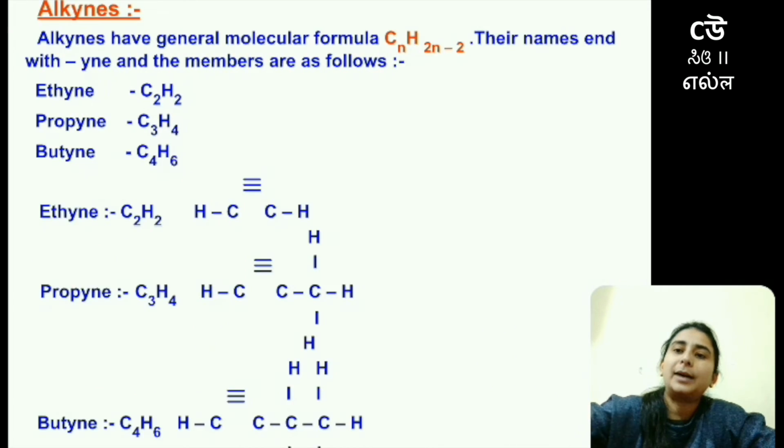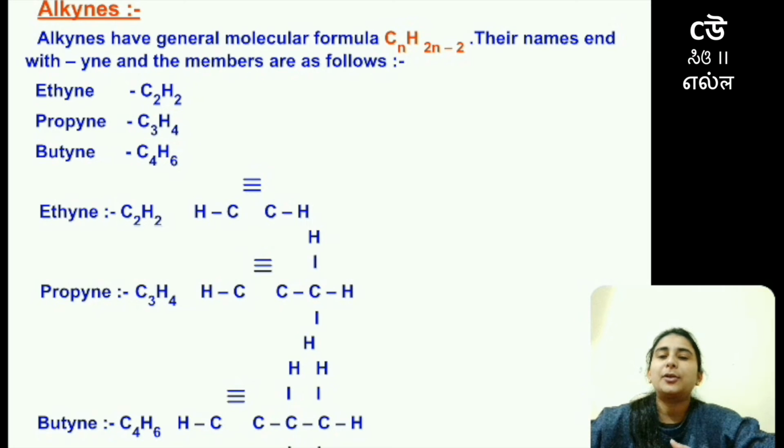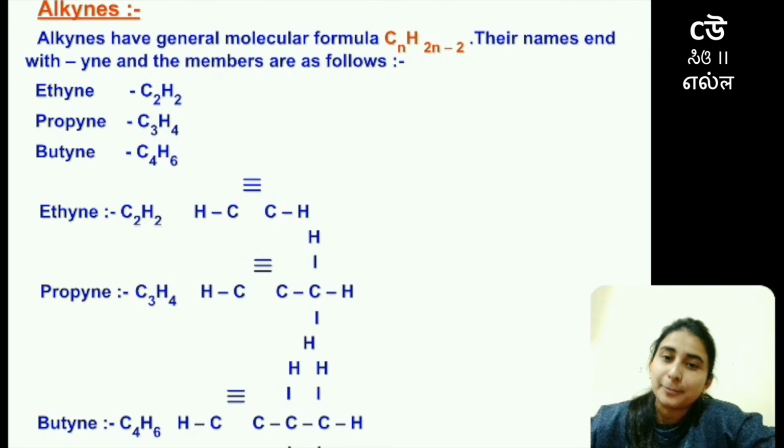अब आइए बात कर लेते हैं about alkynes. So students, alkynes are going to have the general formula CnH2n-2. Be very careful students, because there is just a slight difference in the general formula of alkanes and alkynes.